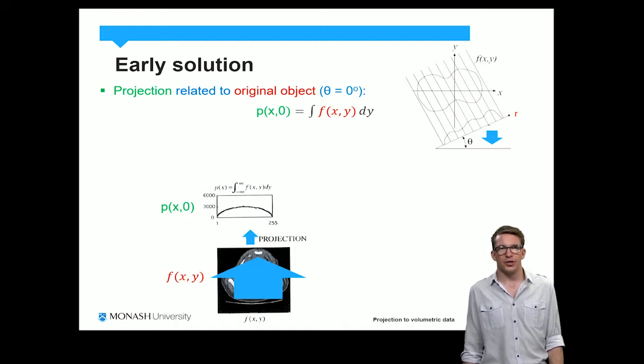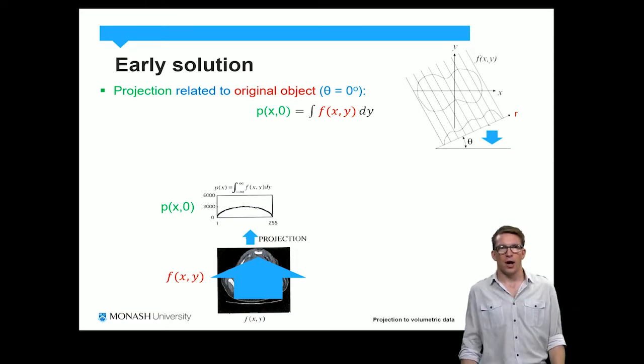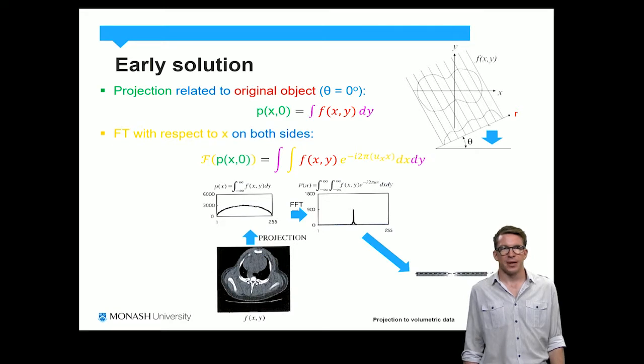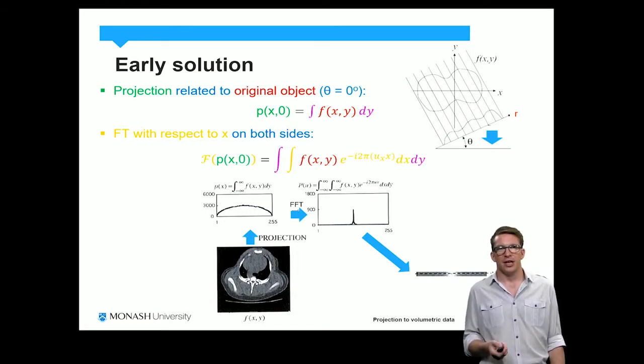And we have our projection data, as I said, we're just considering the projection data at the moment with all the lines parallel to the y-axis. Now we can take the Fourier transform of this, and by applying our recipe, so we multiply by a complex exponential and then integrate. And that then gives us our one-dimensional Fourier transform, which we can see as two representations here.